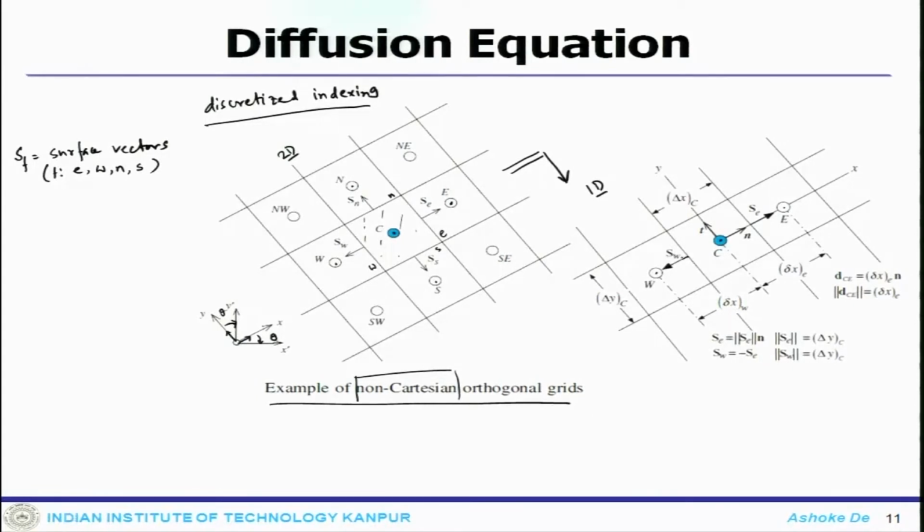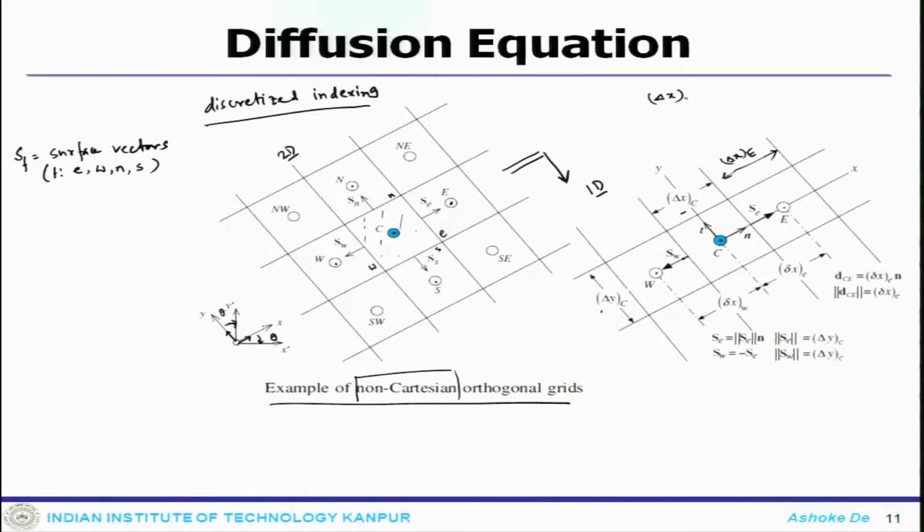These are the surface normal vectors, and along this direction you have a normal vector and there will be a tangential component of the vector. The reason is that this whole stencil has been offset from our standard reference frame. Regarding the other definitions, the distance between the cells is delta x c, and in the y direction delta y c, and even in the non-Cartesian system delta x c and delta x e are equal.